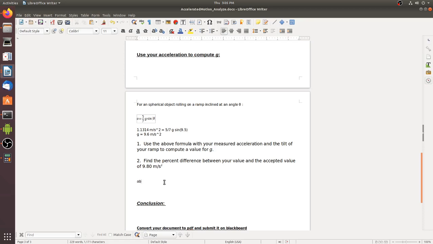It's the absolute value of the difference between the two, 9.6 minus 9.8, which I can do in my head. That's 0.2 divided by 9.8 times 100 to change it to percent.